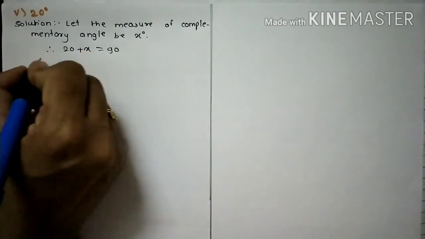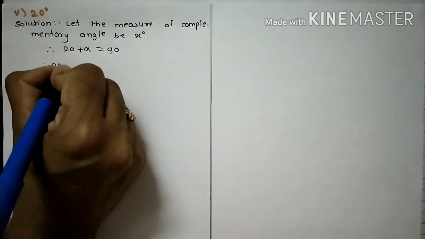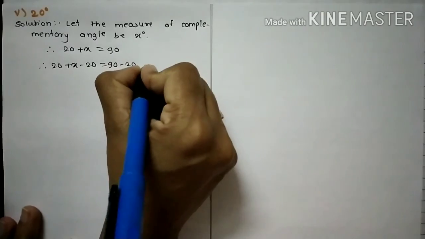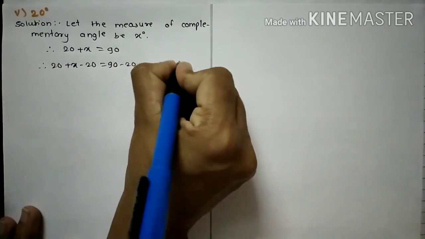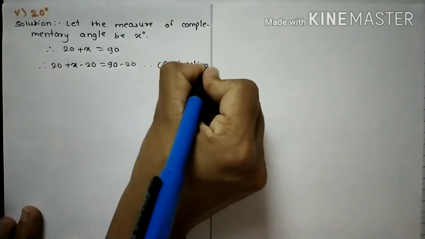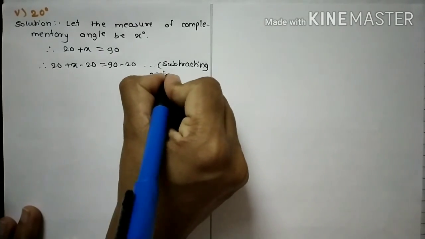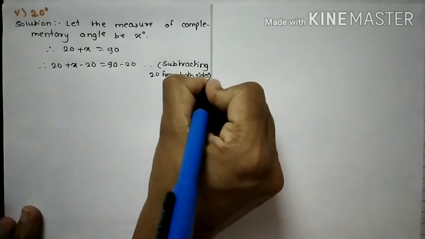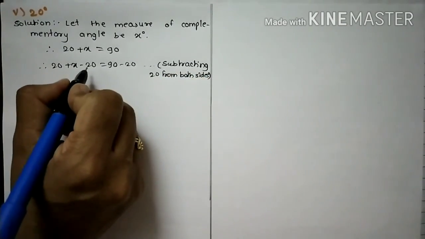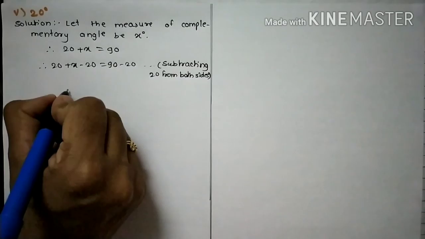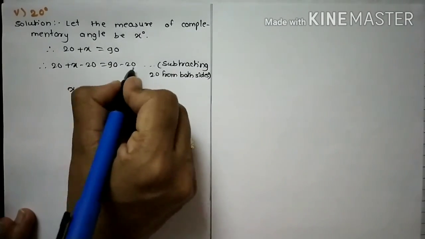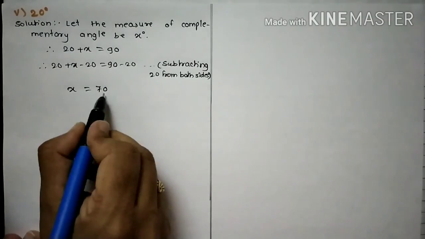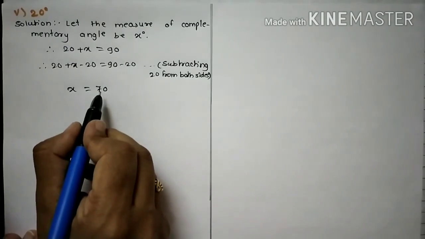Now we subtract 20 from both sides. Therefore 20 plus x minus 20 equal to 90 minus 20. Write down here the reason, subtracting 20 from both sides. Now 20 minus 20 is 0 and 0 plus x is x, which is equal to 90 minus 20, which is 70. Okay, this is the measure of the complementary angle.